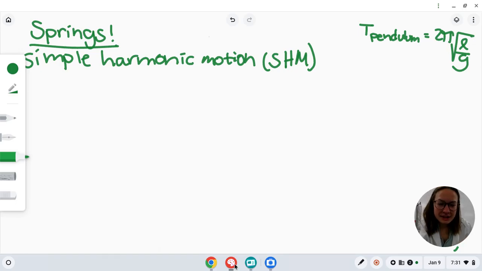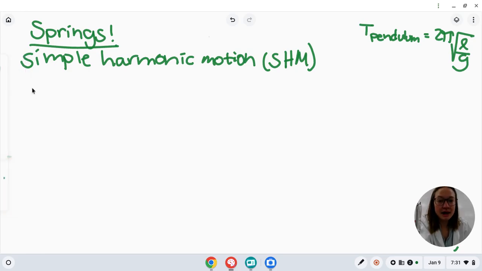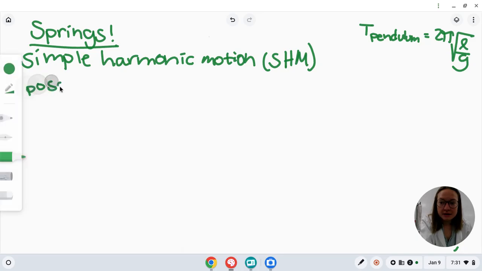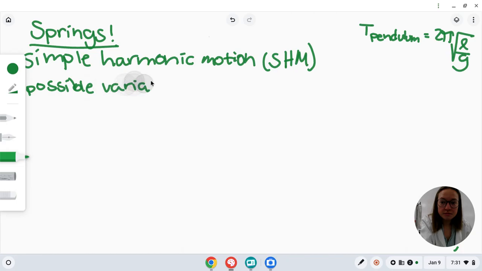When I did this, I came up with a list of 3 things that I thought might possibly impact the period of a spring. So here is a list of possible variables in the period of a spring equation.